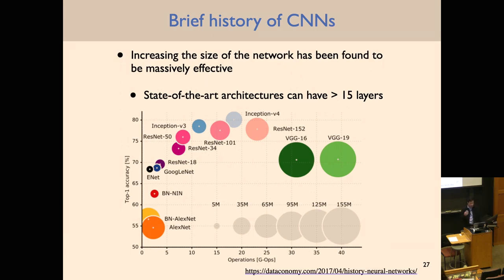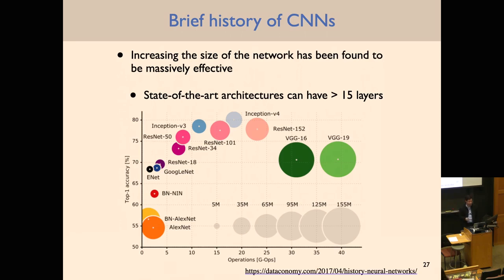So if you have an architecture that has the right structure while also being able to be optimized efficiently, that's a win. That's some rough intuition for what people are trying to do when they come up with new architectures.